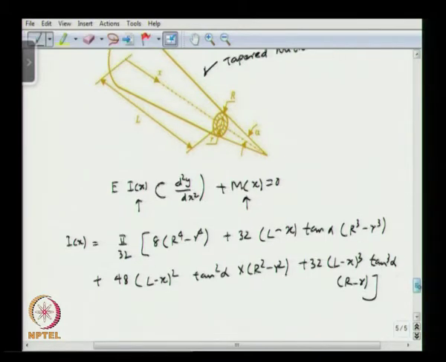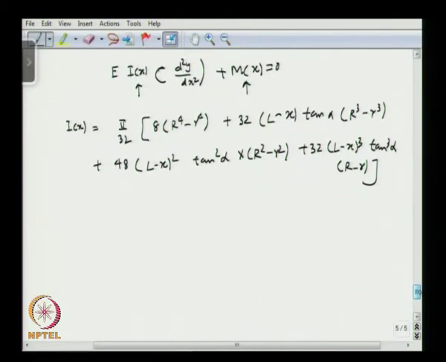So, this is a long expression for the moment of inertia for this tapered microneedle.